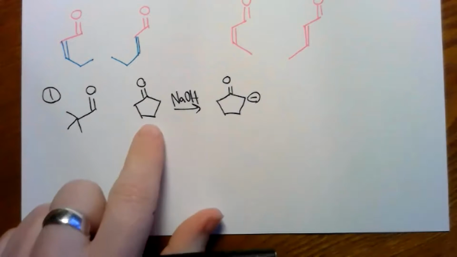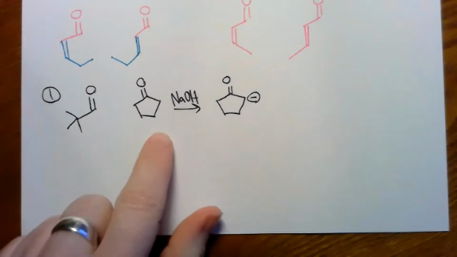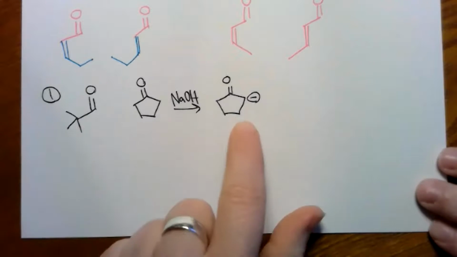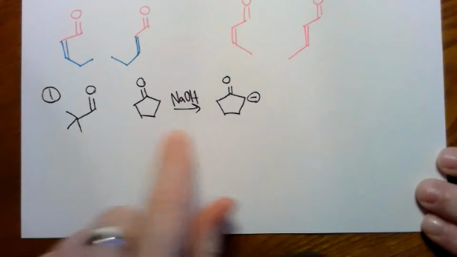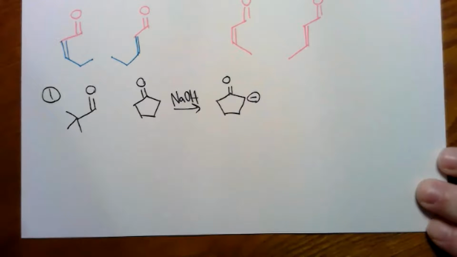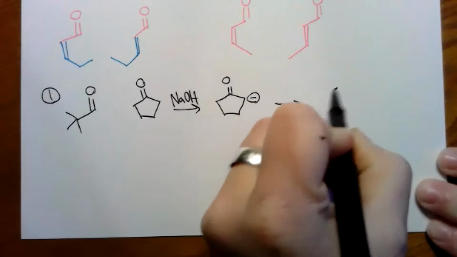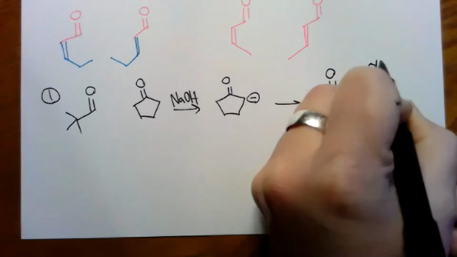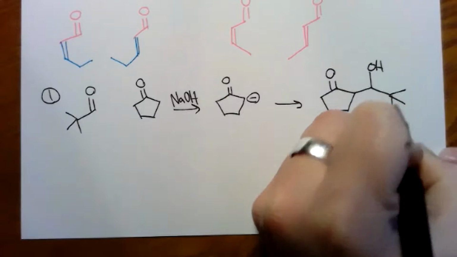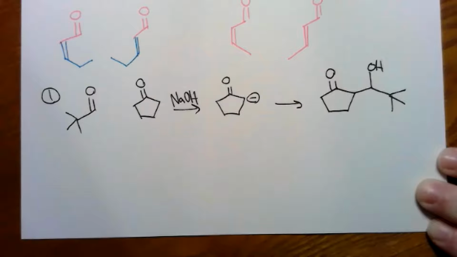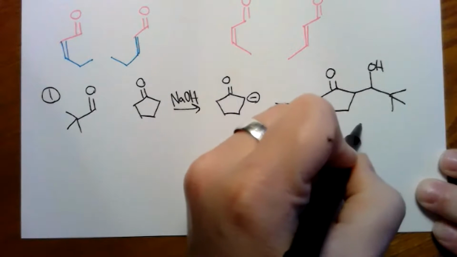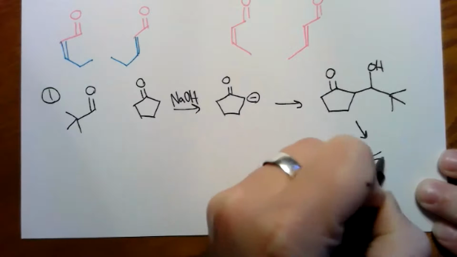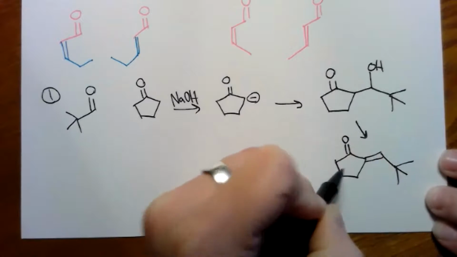And then what's more reactive, aldehyde or ketone? Aldehyde, hopefully you said that. Aldehyde's more reactive than ketone, so the aldehyde gets attacked. And we end up with this aldol addition product, which can then dehydrate to this aldol condensation product.